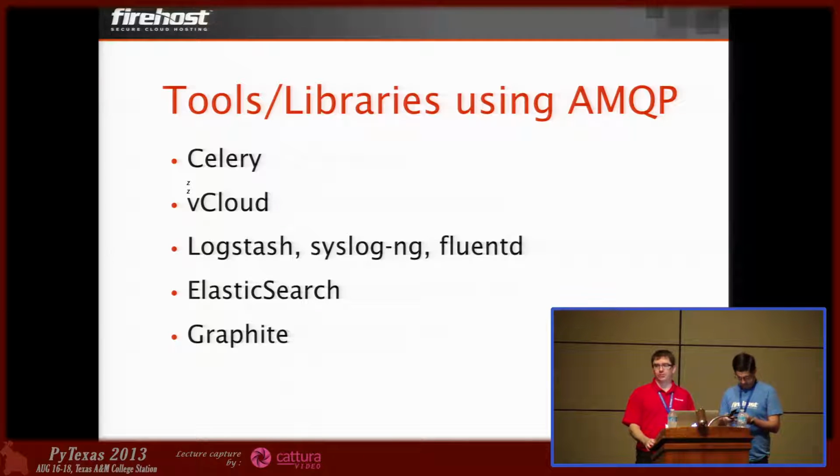Graphite, if you guys use Graphite at all for storing and viewing statistics, it is poorly documented. If you go look in the Graphite documentation for how to use Graphite with AMQP, there's a bullet that says AMQP and nothing after it. Fortunately, it's self-documented in the configuration, so if you wanted to source statistics into Graphite using AMQP, you can do that.